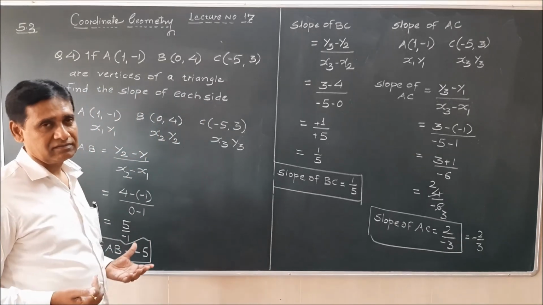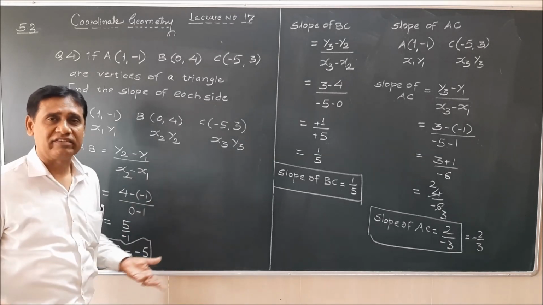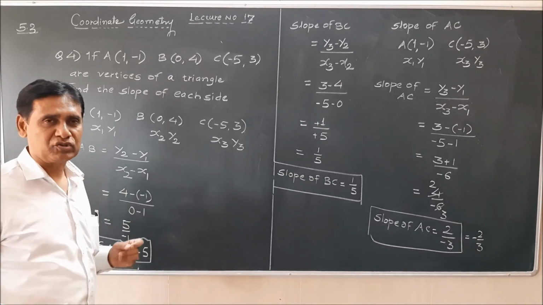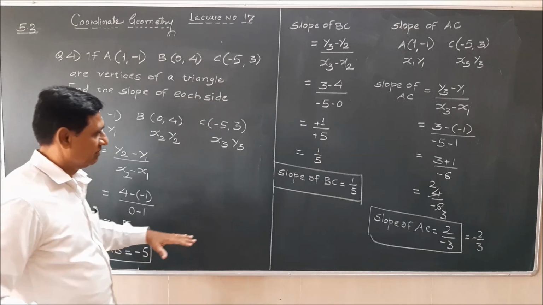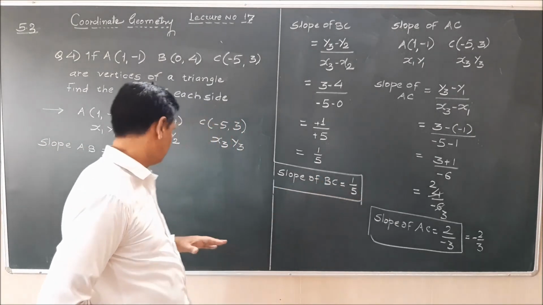Moreover, if I modify this question just for the sake of interest, you will notice one thing. I have given one extra point to you: minus 5 into 1 upon 5. Try to understand this.